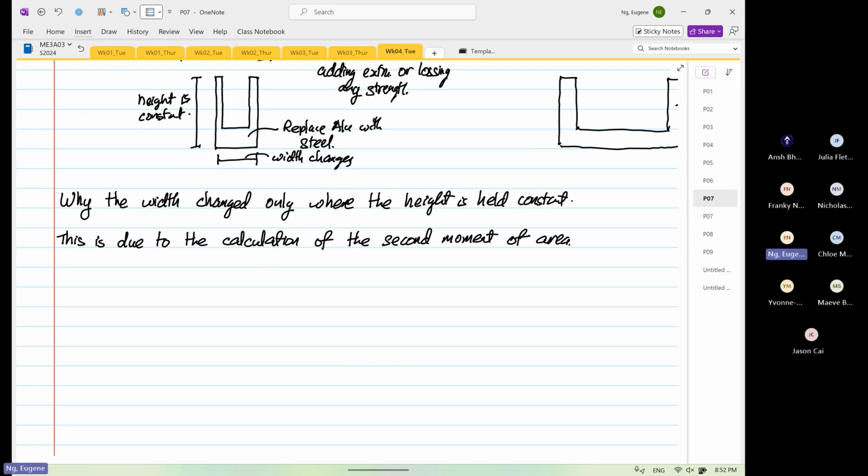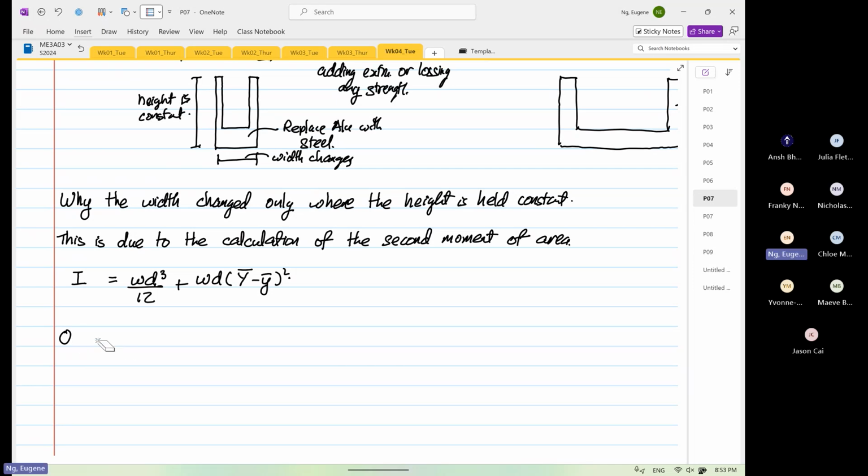So if we look at the calculation of the second moment of area, I is equal to width times depth cubed over 12 plus width multiplied by depth. You all know all this formula by now. We only change the width. So remember, only.